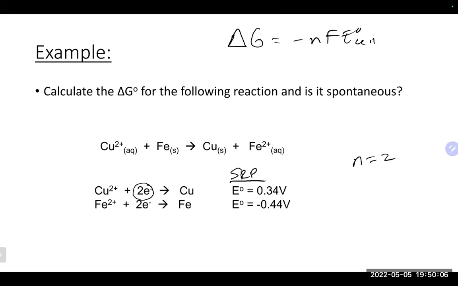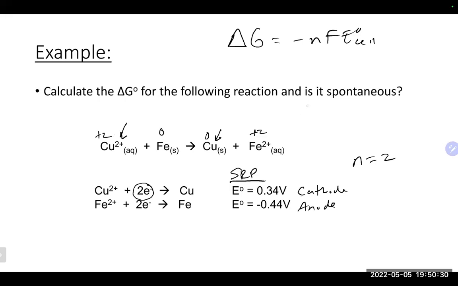Our cathode in this case is, which one's the cathode? It is the copper, and it is the copper because when we look at the equation, it is +2 to 0, and it is being reduced. And this guy's going from 0 to +2, being oxidized in this case, and that would be our anode.